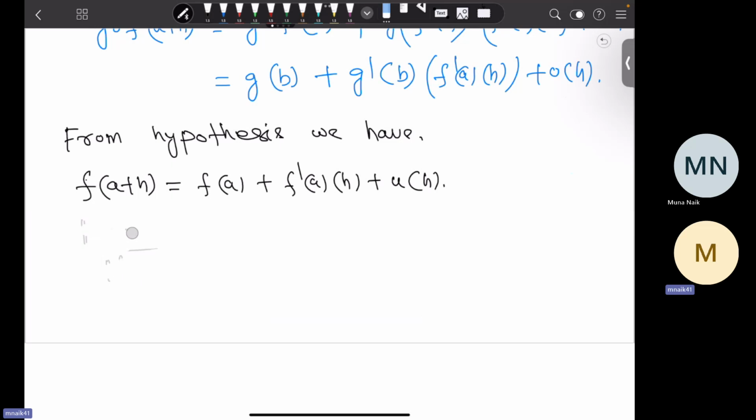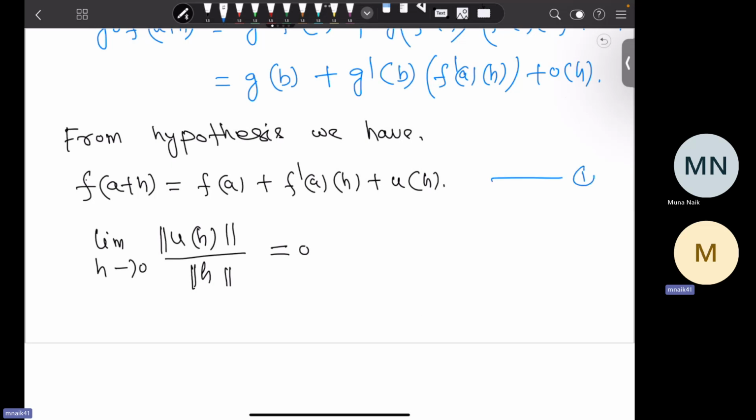The condition on u(H) is that the limit as H tends to 0 of norm of u(H) divided by norm of H is equal to 0. This is condition 1, which says F is differentiable.